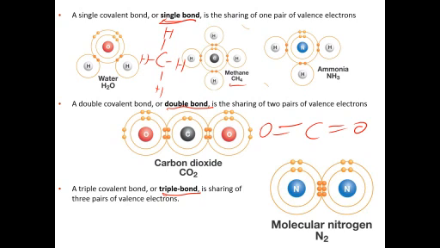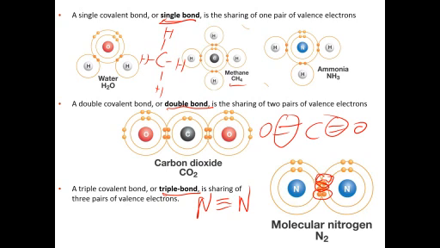So you're sharing 2 pairs of electrons here and here. So everybody's got a full valence shell. And then nitrogen. Nitrogen is held together by a triple bond. So you're sharing 3 pairs of electrons.